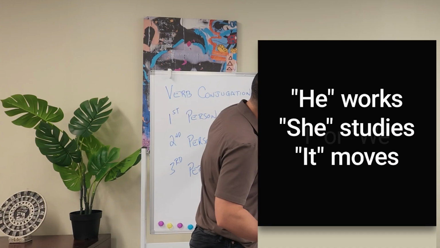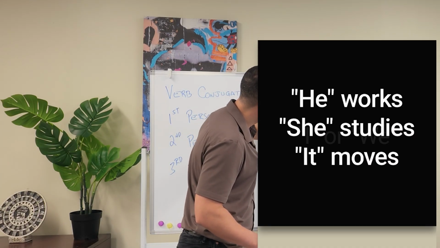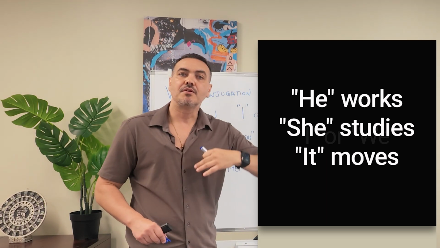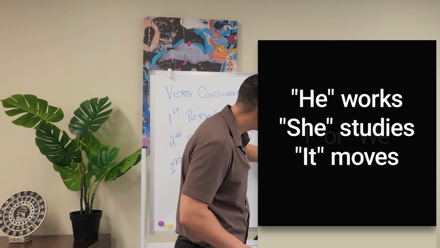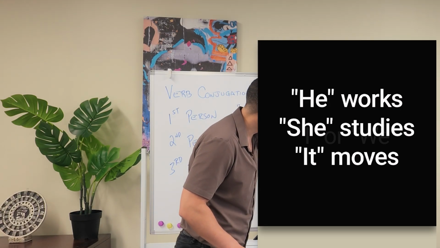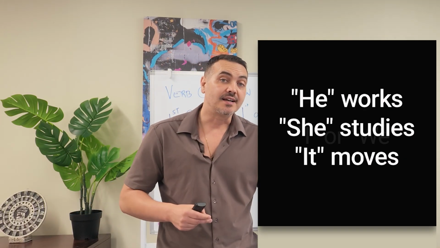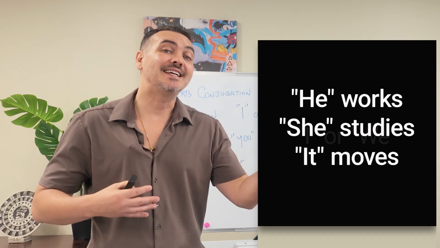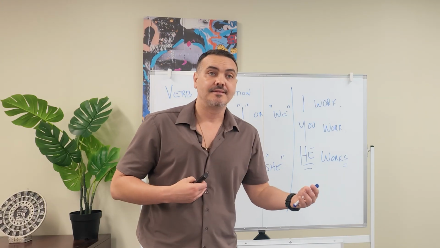I work. You work. But when I'm talking about third person, somebody else, I would say he works with an S at the end. I speak. You speak. She speaks with an S at the end. I play.